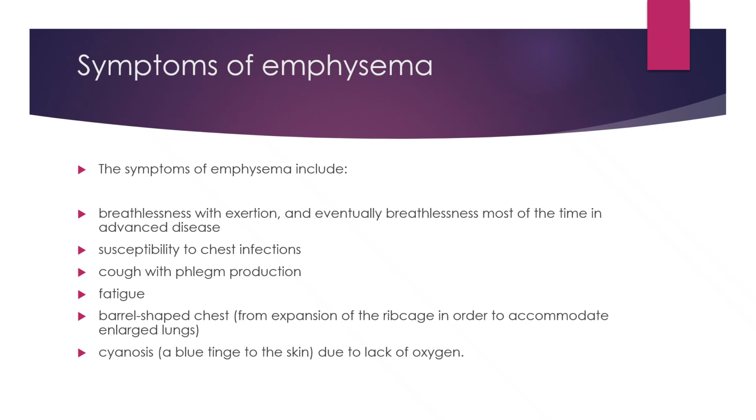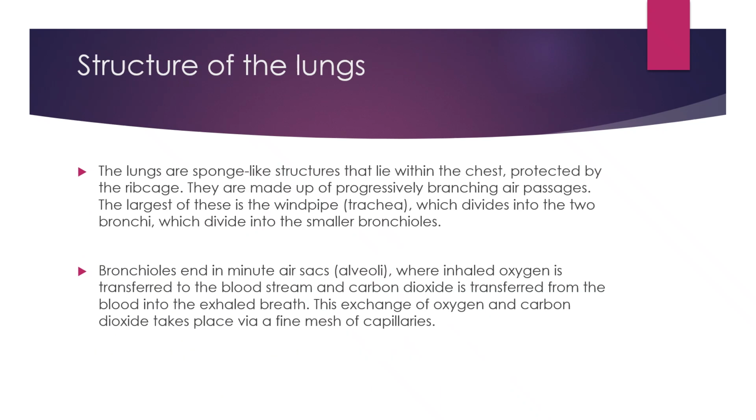Now let's move on and talk a little bit about the structures of the lung, and we will be talking about the pathophysiology of emphysema. Beginning with the structure of the lungs. The lungs are sponge-like structures which are 2 in number and lie within the chest, protected by the rib cage. They are made up of progressively branching air passages.